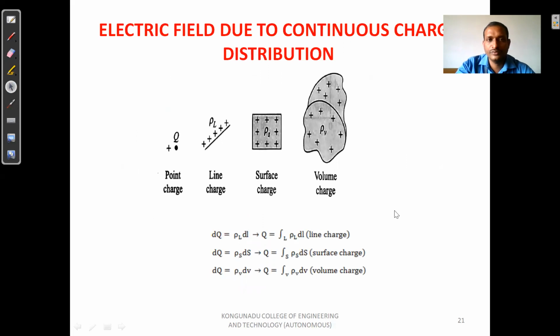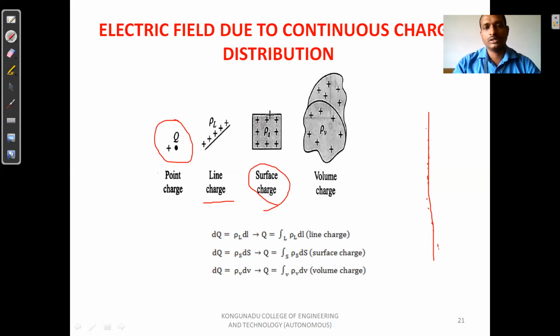Next, different types of charge distributions are available. One is the point charge, a dimensionless point with charge q. Next is the line charge: charges uniformly distributed over the length of a line. Third is the surface charge: charges distributed evenly on a surface. The next is volume charge distribution.